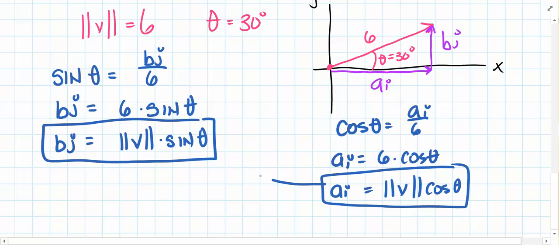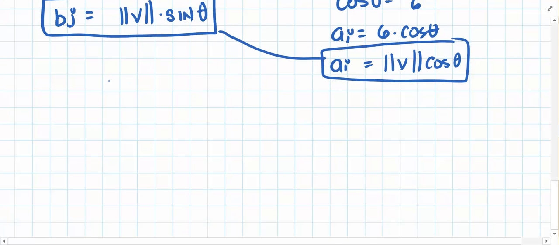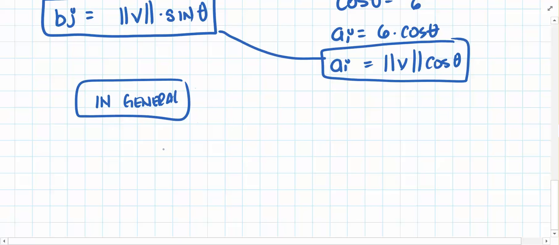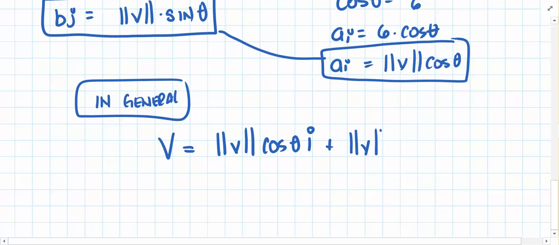So if you put these 2 pieces of information together, in general, and this is the culminating part here, we can represent any vector by its magnitude multiplied by cosine theta, and this is going to give us our i component, plus its magnitude times sine theta, and that's going to give us our j component.